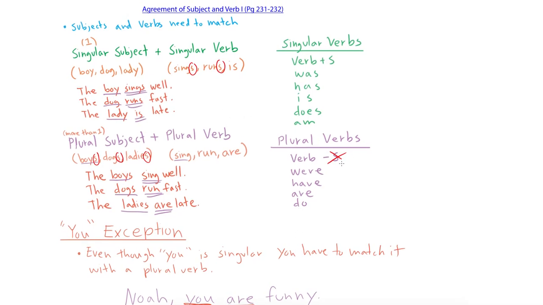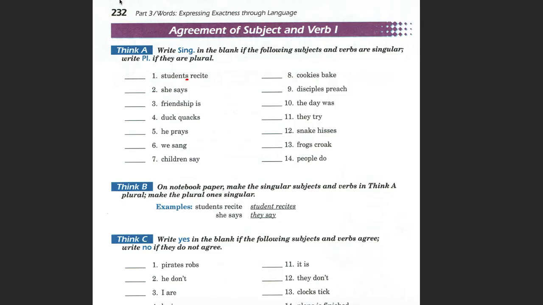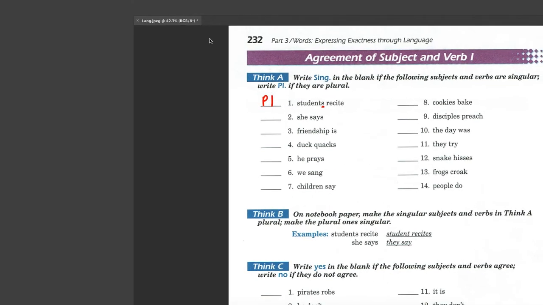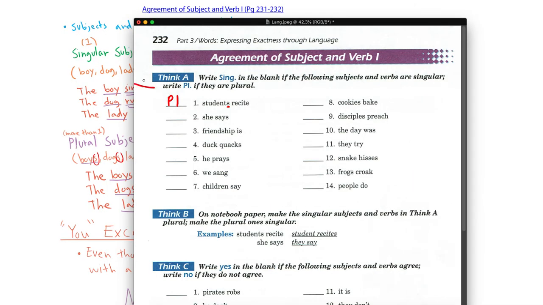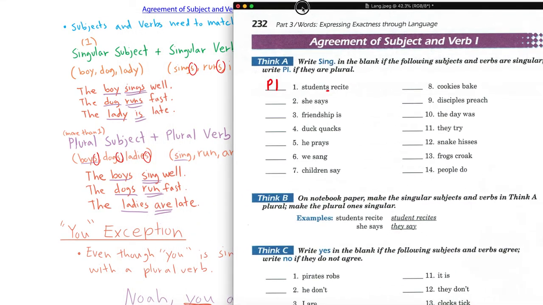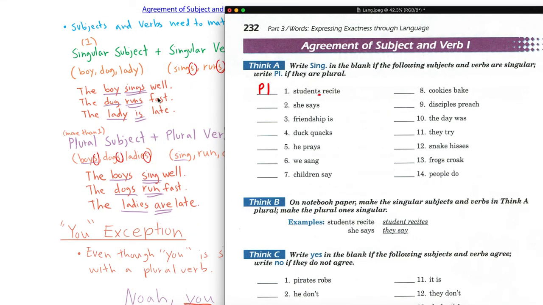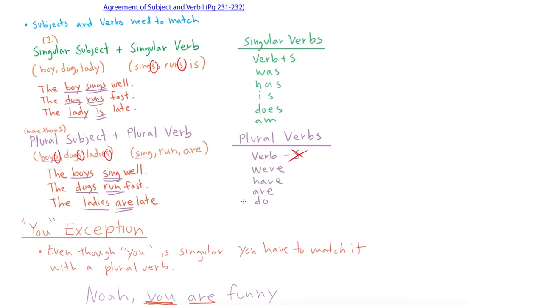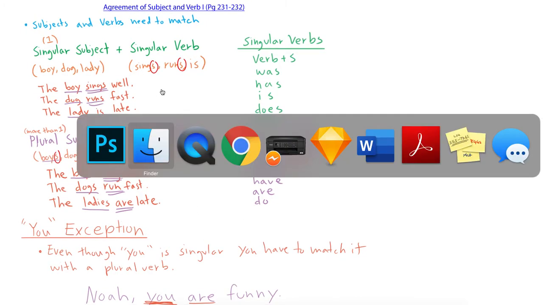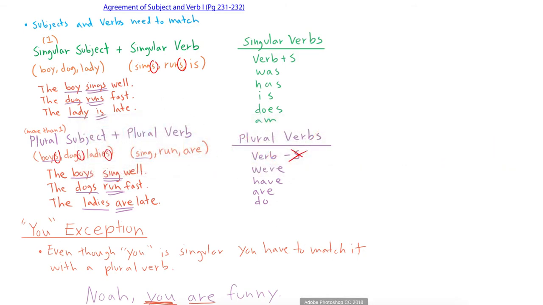Verbs without an S are plurals. So just look at the list here that I made for you, and compare it with what you see on the page.